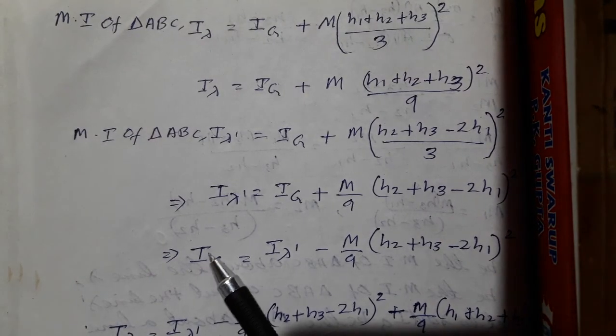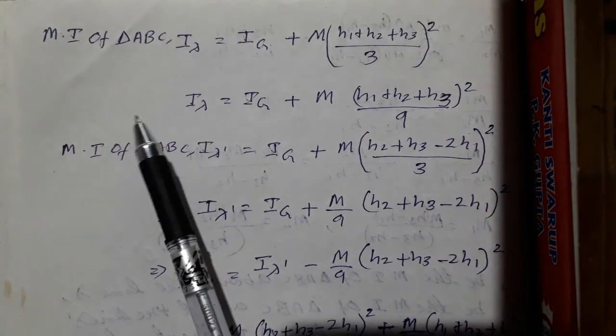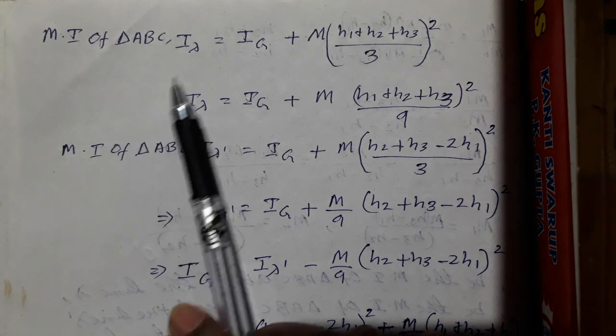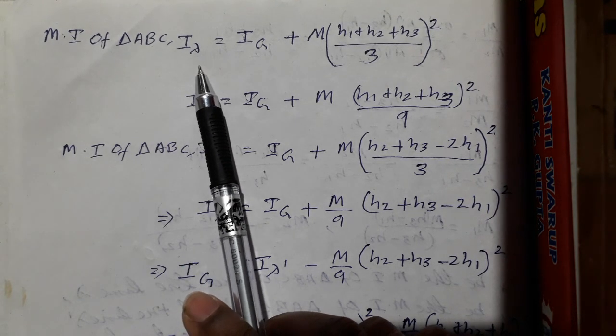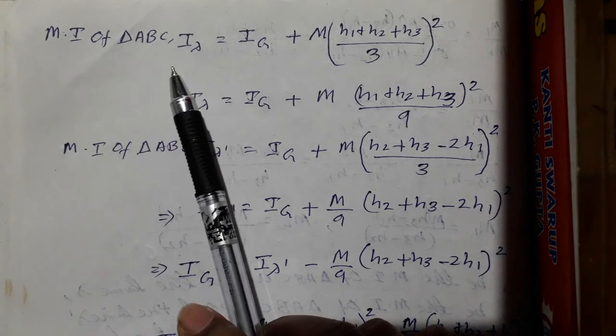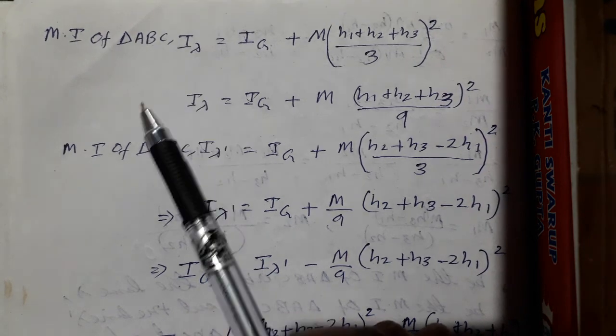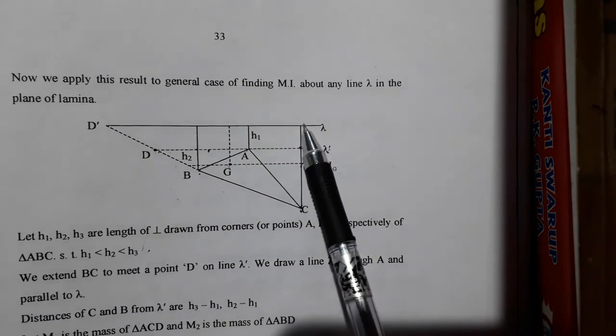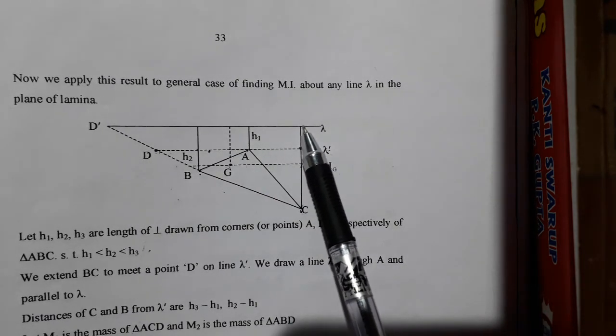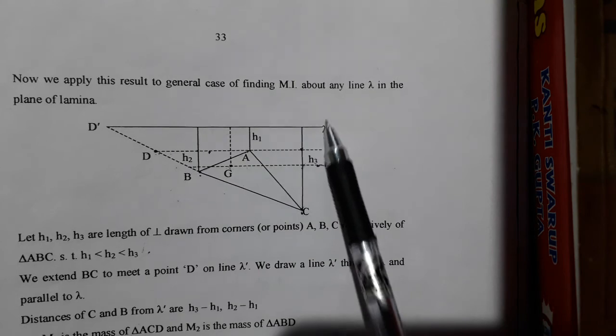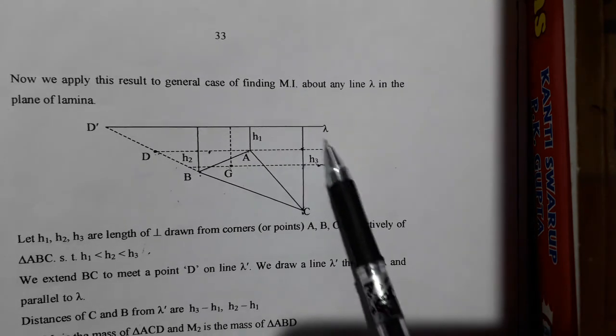After this, we will find the moment of inertia of triangle ABC about lambda. Since lambda and lambda dash are parallel lines, we can apply the parallel axis theorem.